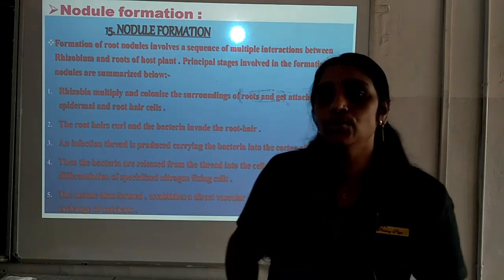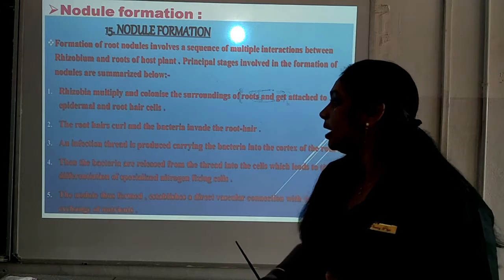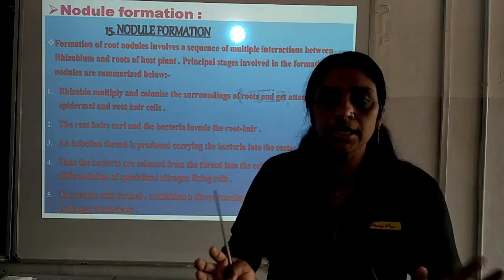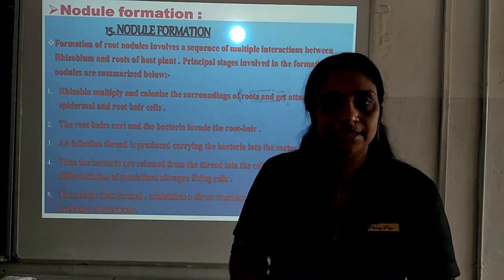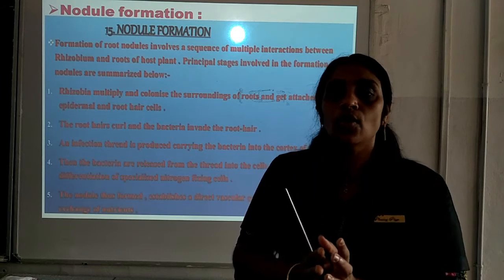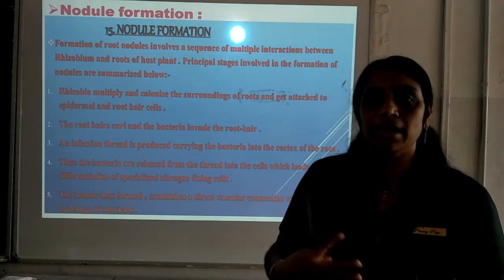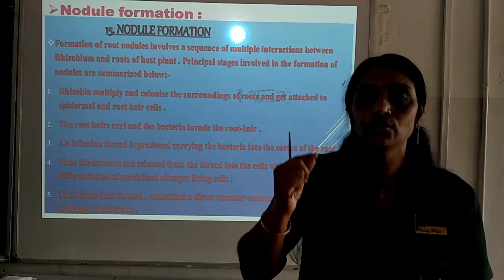Rhizobia first start to divide, multiplying by itself, forming a colony around the epidermal cells as well as the root hair cells. That is the first stage of nodule formation.